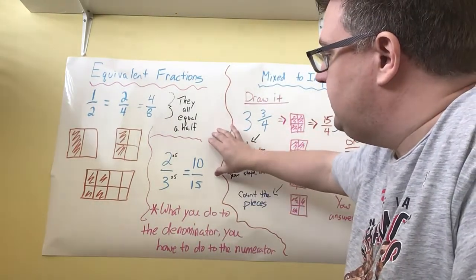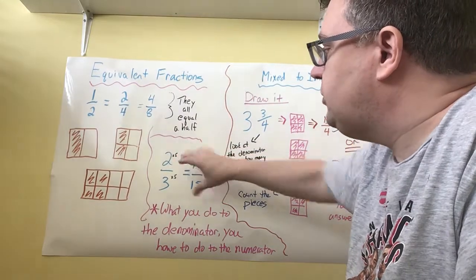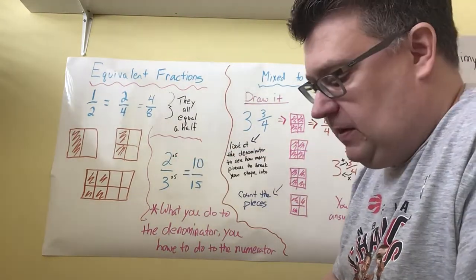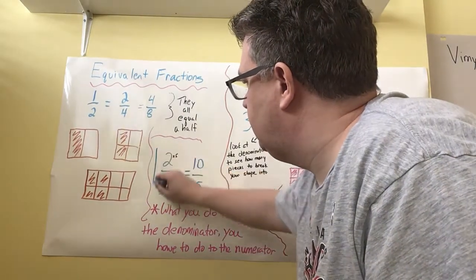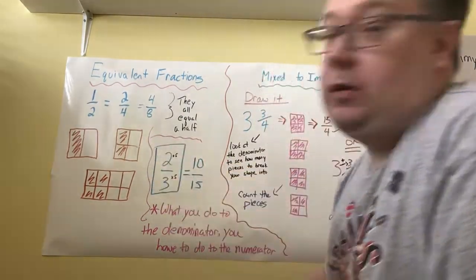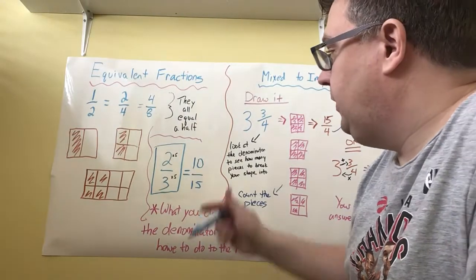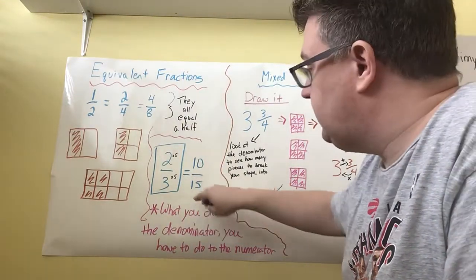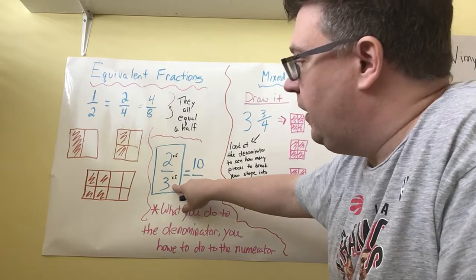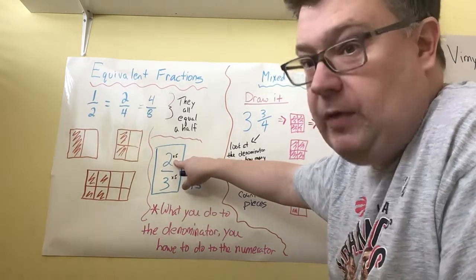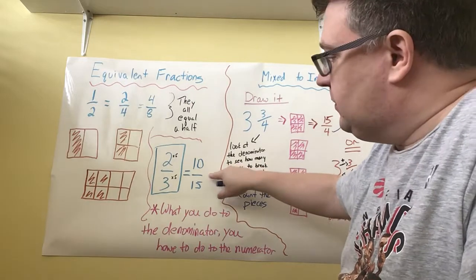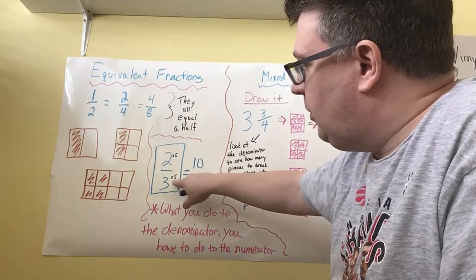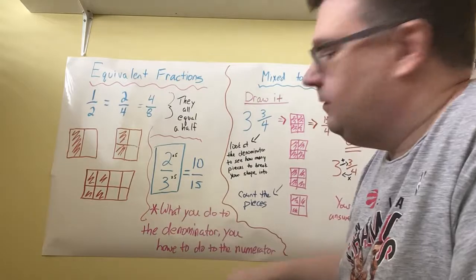Another thing you can do to get an equivalent fraction is, say you have the fraction of 2/3. I want to make an equivalent fraction. Well, I could pick any number, and as long as I multiply the denominator and the numerator by the same number, I have an equivalent fraction. So in this case, I decided to multiply the denominator by 5.